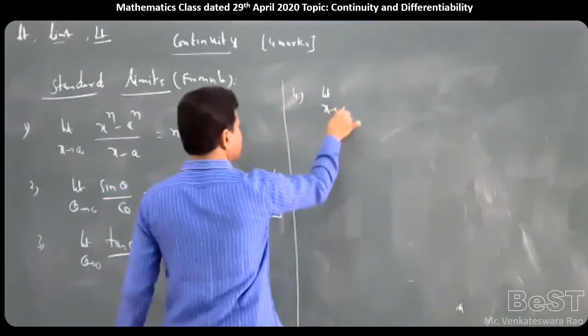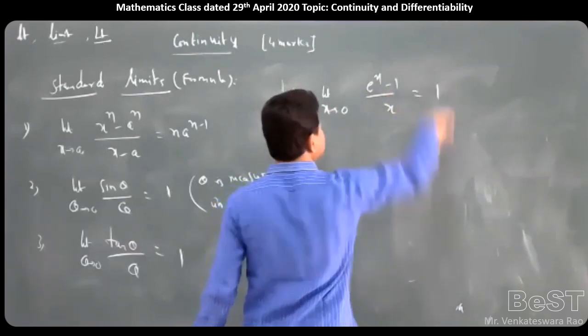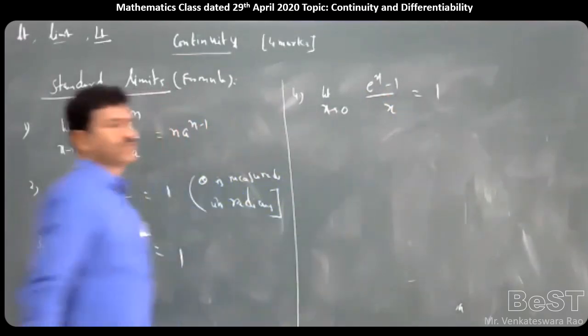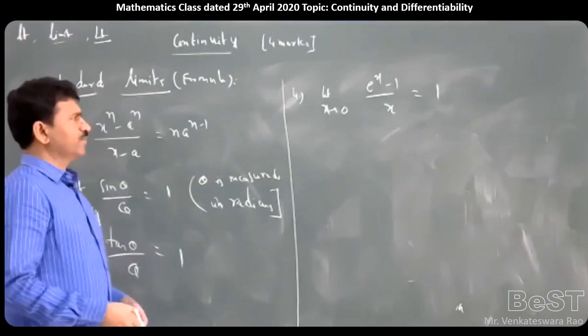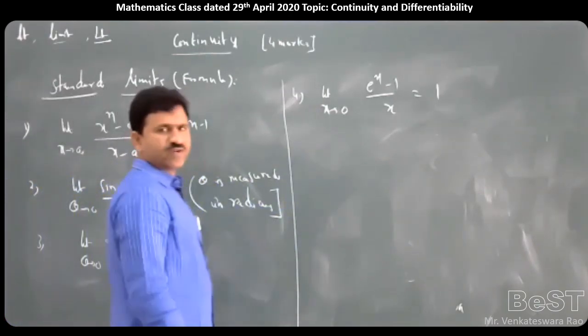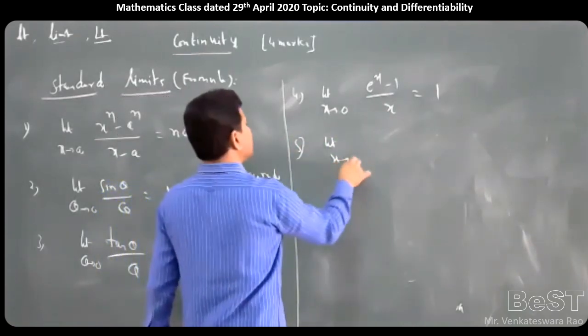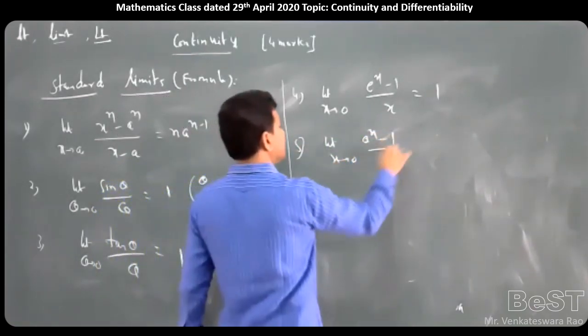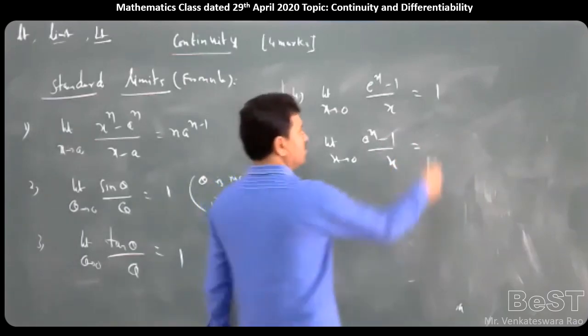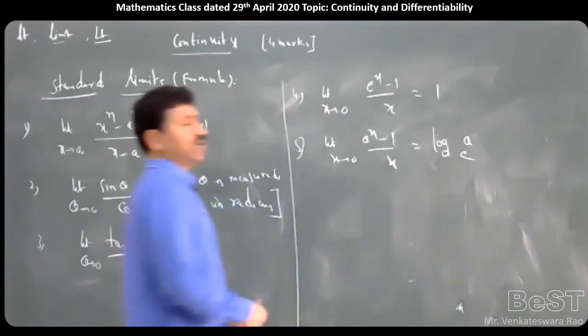Limit x tends to 0, e power x minus 1 by x, this is 1. In the public exam, a question was given based on this last year. Limit x tends to 0, a power x minus 1 by x, equals log a base e. The base is also important: log a base e.